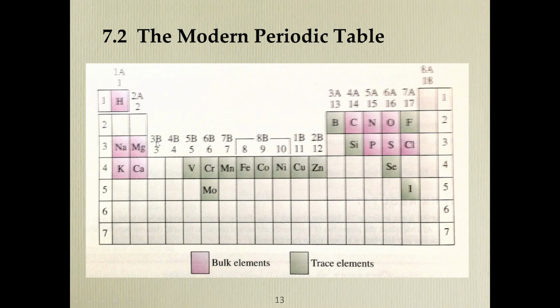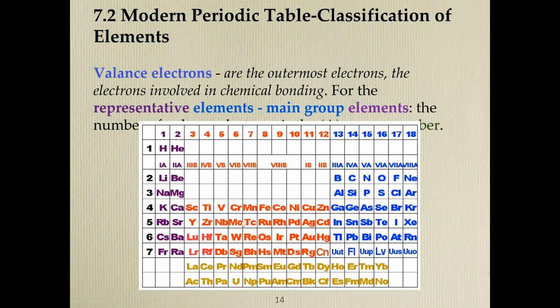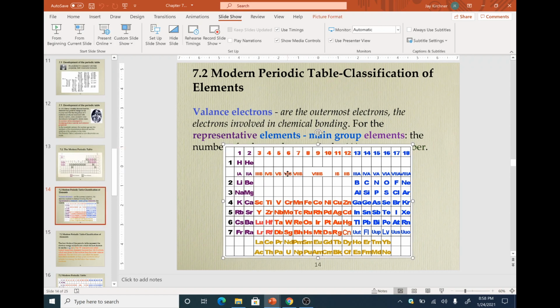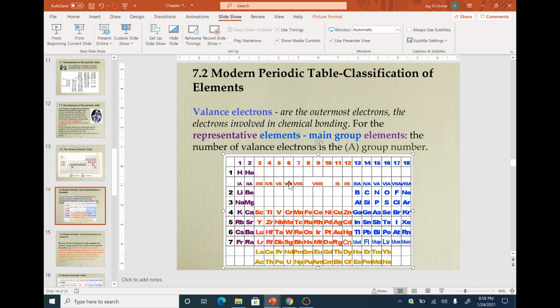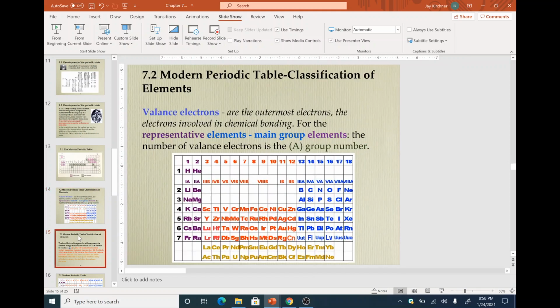These elements are called the outer transition elements, and we'll get to that in just a minute though. So valence electrons are the outermost electrons in bonding, and they're in the main group, as we just said. Let me see if I can move this for you. Sorry about that. And they're given the A group number, so that's what that is.